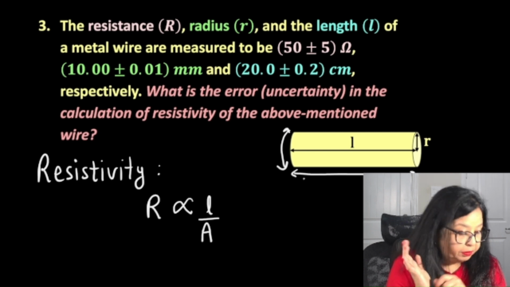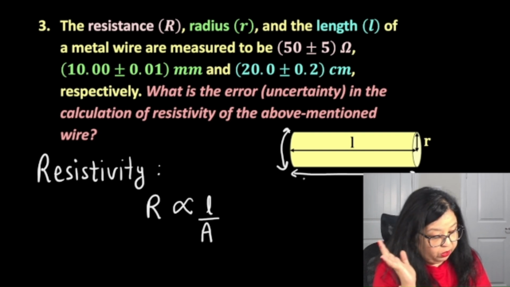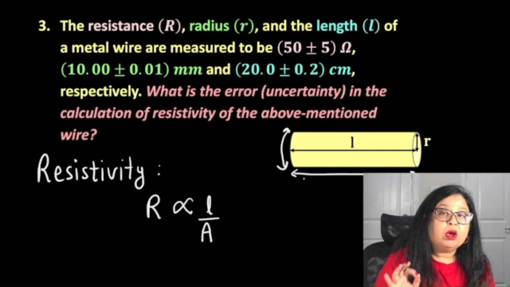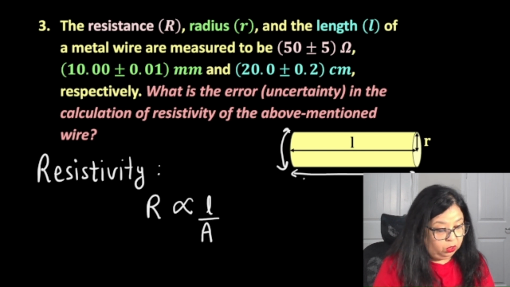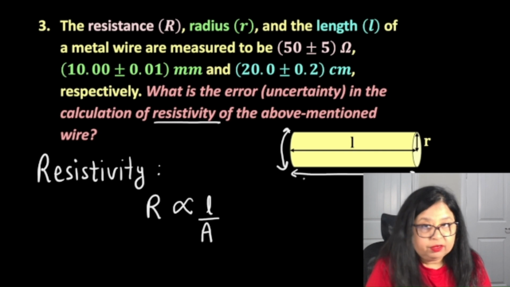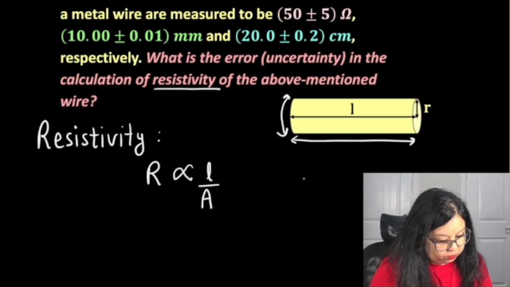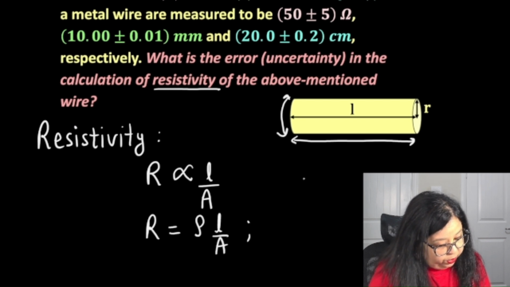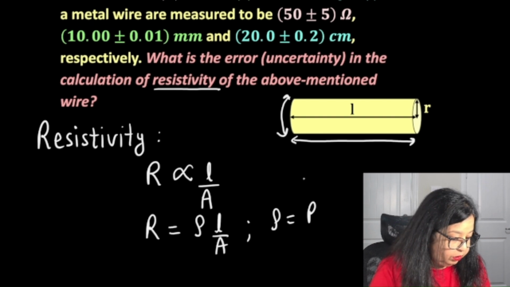of the wire. Now, when you take away the symbol of proportionality, you introduce a constant of proportionality, which is called resistivity. So what happens is R equals rho times L over A, where this rho is the resistivity.